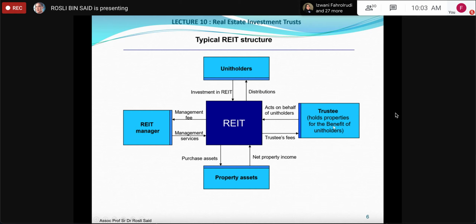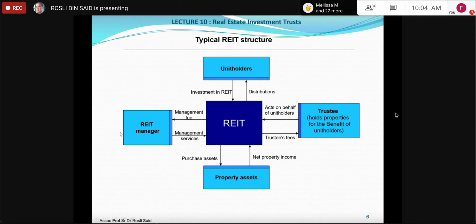The trustee will hold the properties for the benefit of unit holders. In the case of bankruptcy, for example, the trustees will play a role in order to compensate the REIT investors. In order to do this, REITs have to pay trustee fees to trustees. Trustees usually come from companies like law firms or solicitors.